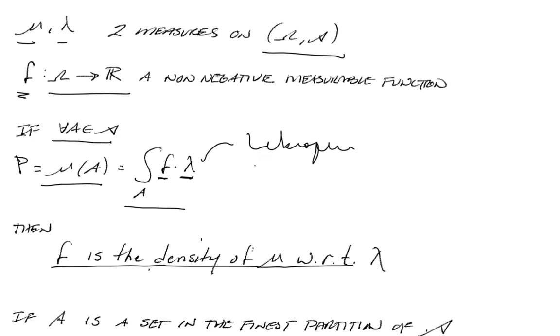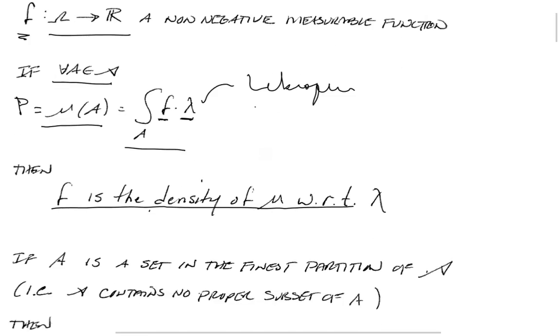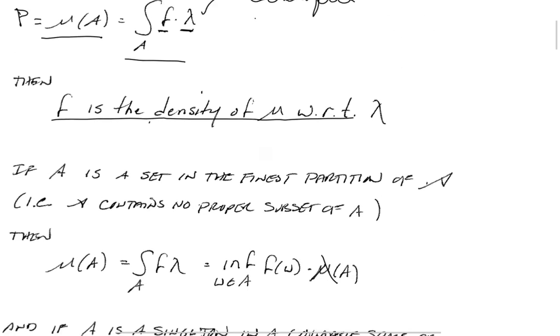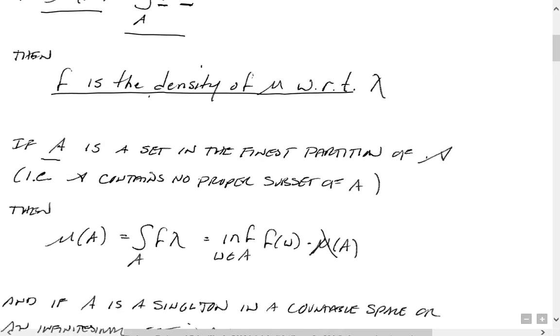But in any case, now the set A is a set in the finest partition of the sigma algebra, which is to say that there are no subsets of A in the sigma algebra.